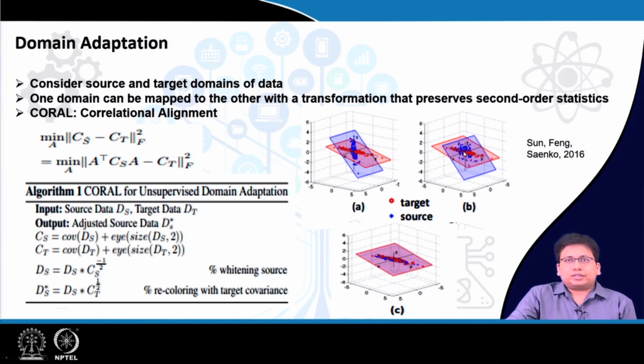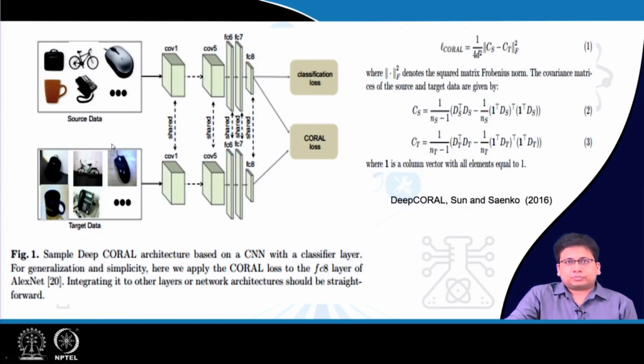Now in two steps we align them to the same domain. The original correlation which was present in the source domain is destroyed, and then next the projection happens where the original data points are projected into the target domain according to this particular property.